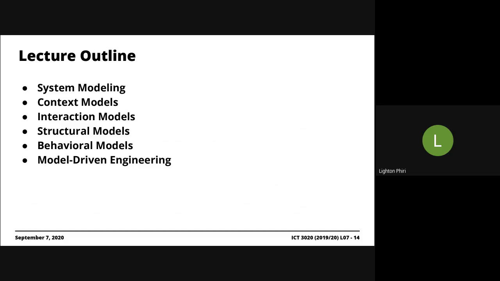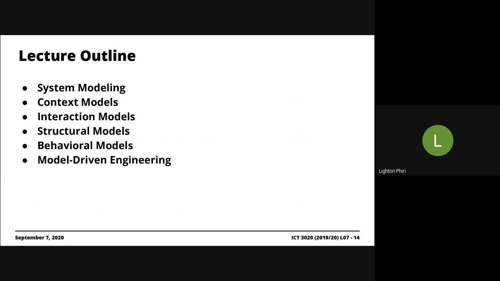So when modeling, with the exception of context models, once we start looking at a more hands-on walkthrough of how to create these models, you notice that we'll be latching on to the so-called UML specification, right? So it's a modeling language called unified modeling language, and we'll briefly introduce it at some stage, once we start doing that.